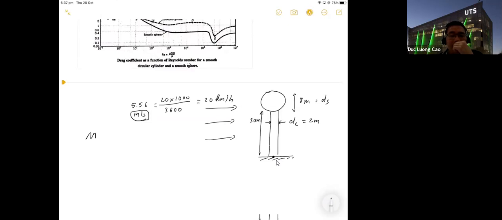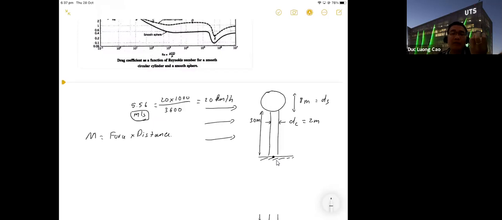Moment equals force times the distance. It means to find the moment, you have to know the force and you have to know the distance.